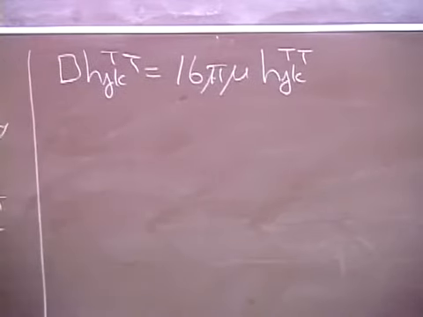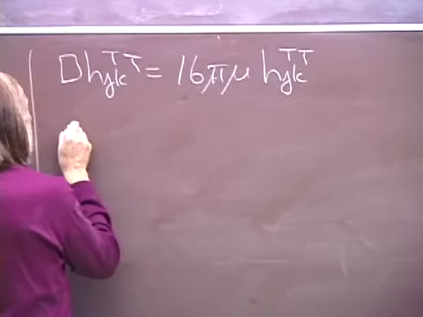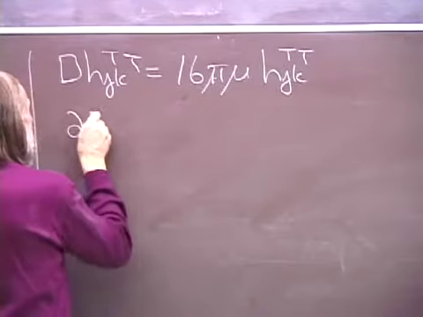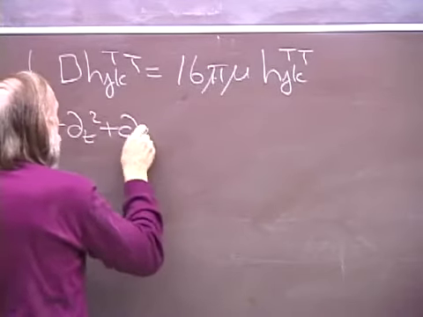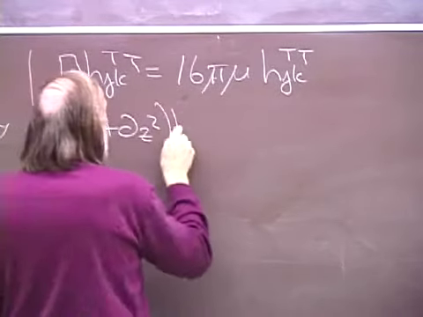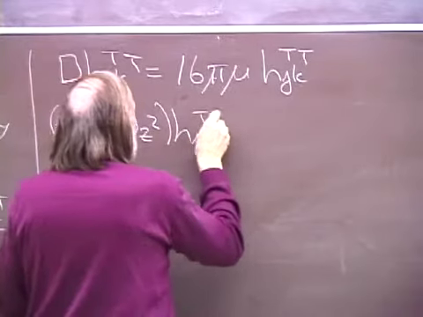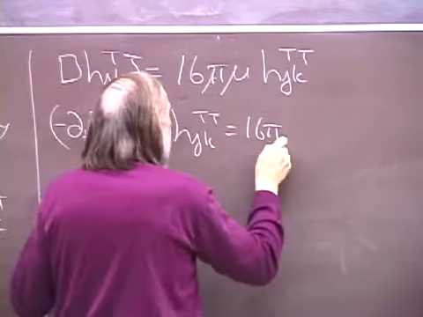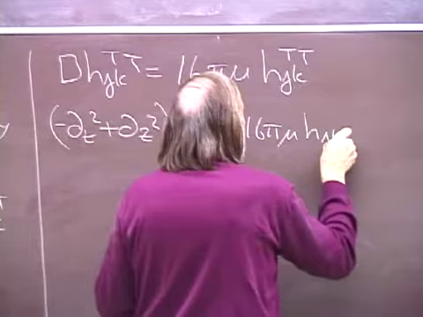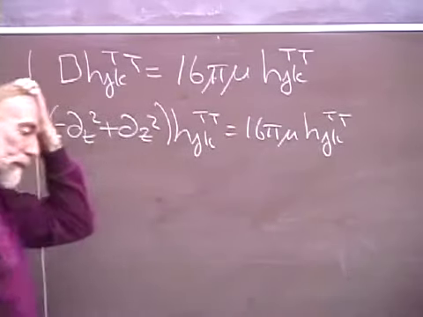Of course, since the waves are propagating in the z direction, we have minus dt squared plus dz squared acting on hjk transverse traceless is 16 pi mu hjk transverse traceless. Okay.